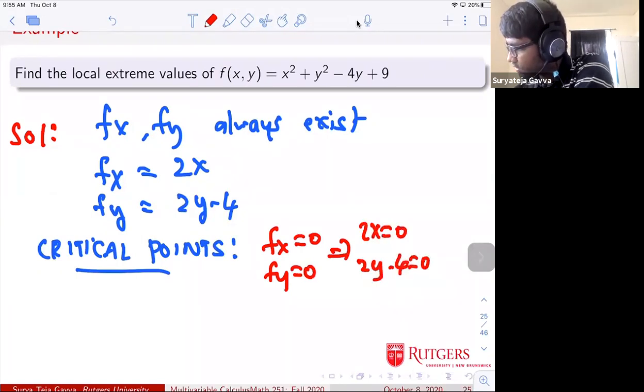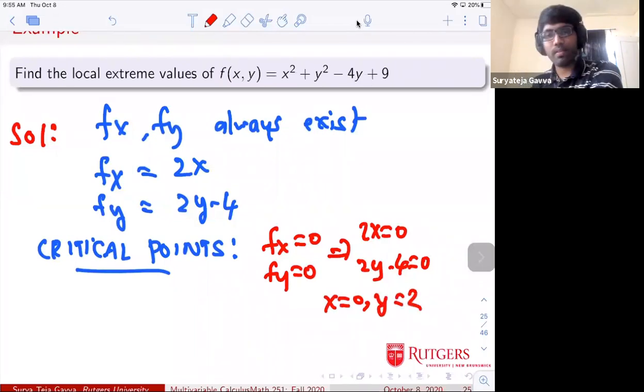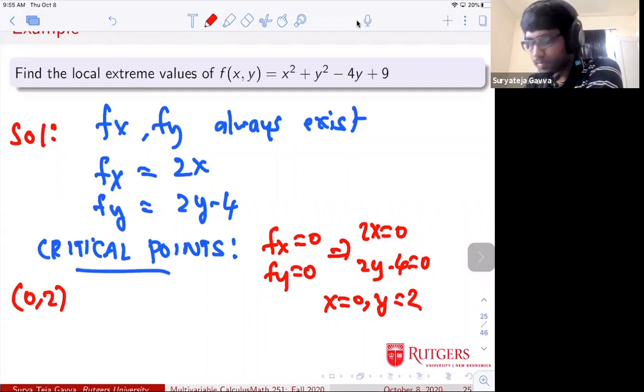If I solve, this means that x equals 0 and y equals 2. So the point (0, 2) is a critical point. Now can you tell me if this is a local extremum value? This is a candidate for the local extrema value, right? So will this be a local extrema value?